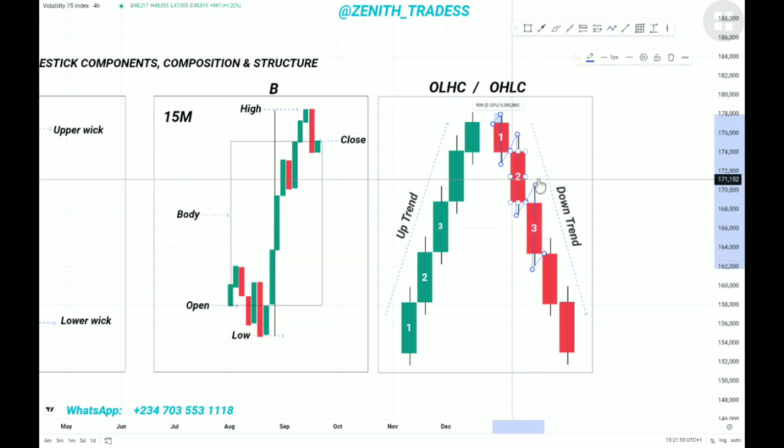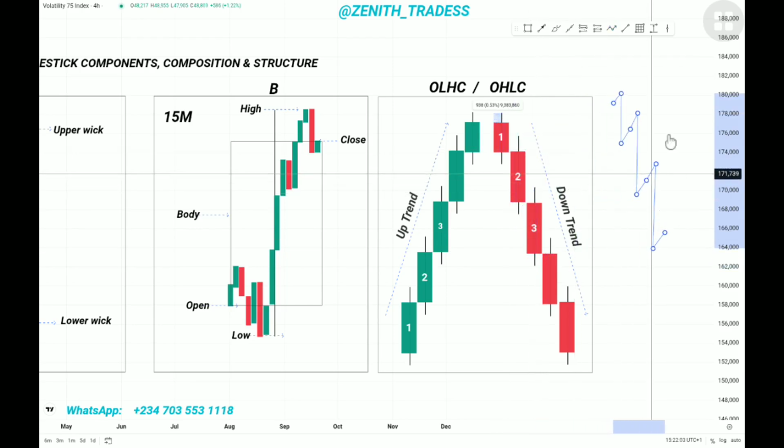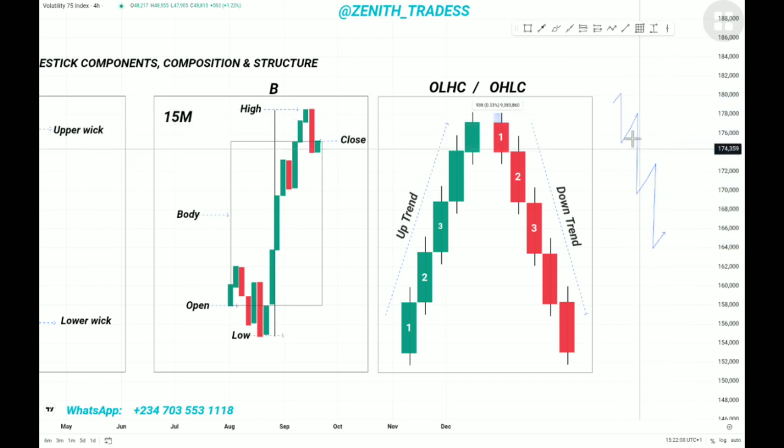The same way, but in an opposite direction. I hope you understand this structure. So this is what gives us the market structure that we do study: lower high, lower low, higher low, lower low, and the rest. I hope you understand these basics.